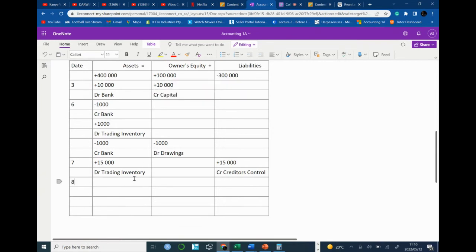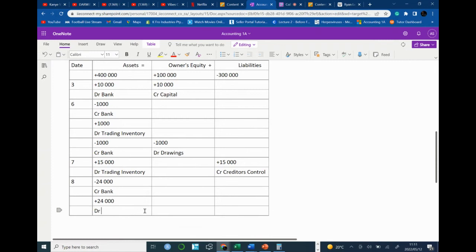On the 8th, purchased some office furniture and paid via EFT. Paid via EFT means bank is being credited. We're losing money to buy furniture. That was 24,000. Here it said office furniture, so that's a plus 24,000.